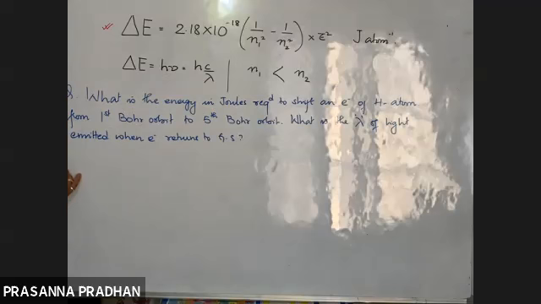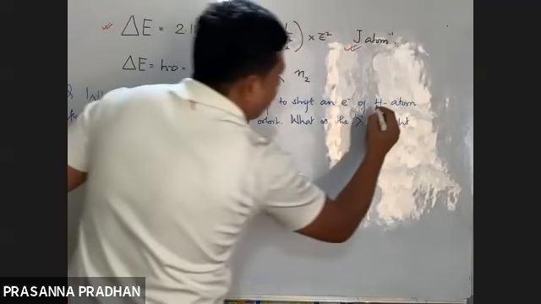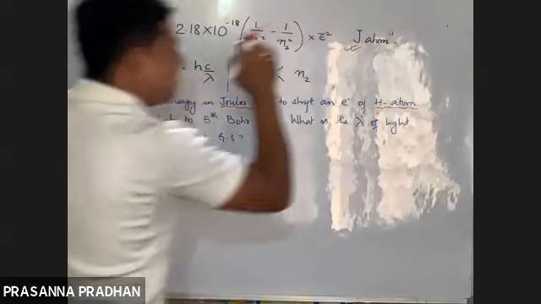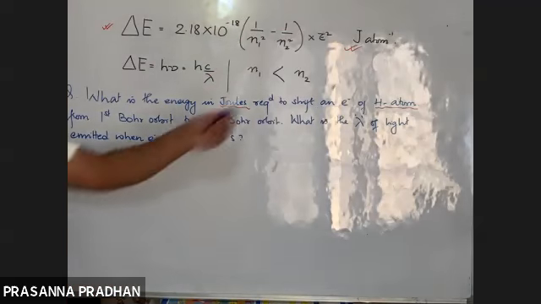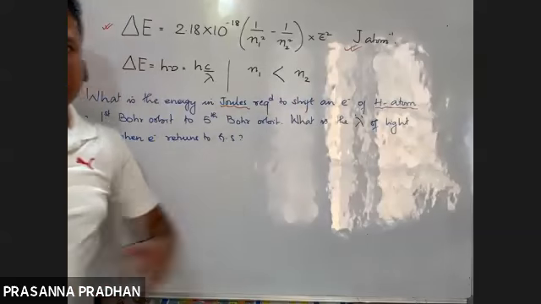So first of all, let us go through the question. The question says, what is the energy in joules to shift an electron of a hydrogen atom? Why is the hydrogen atom mentioned here? Because the value of Z will be equal to 1, the atomic number of hydrogen.